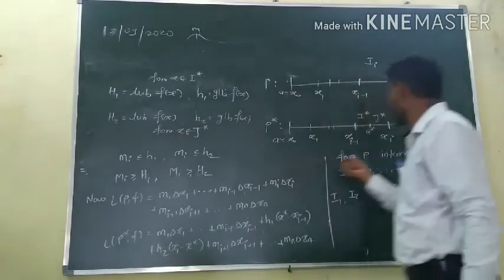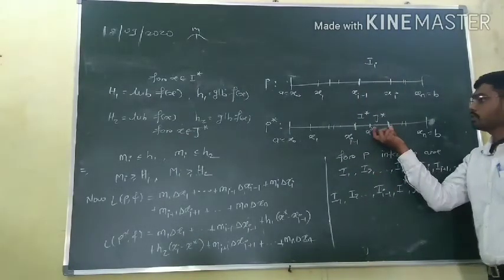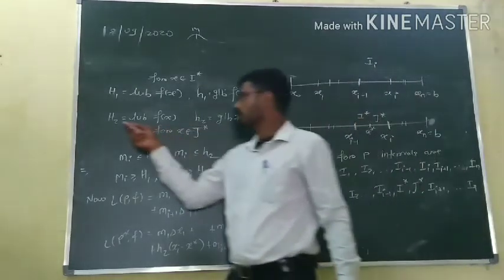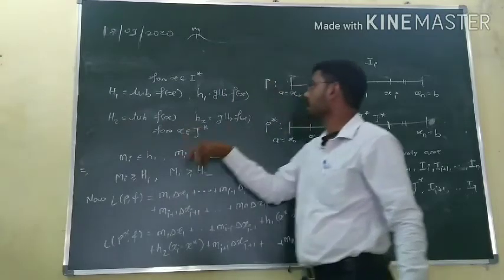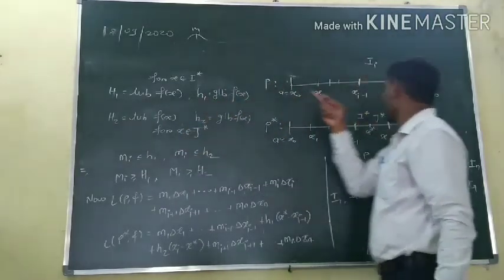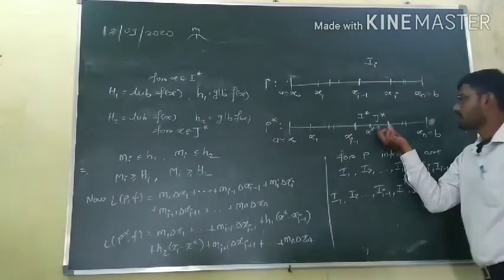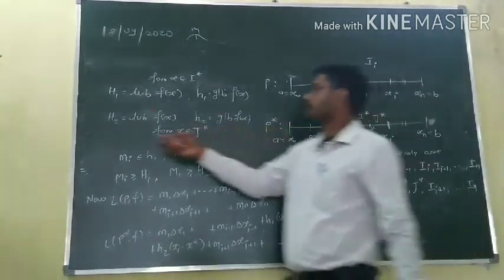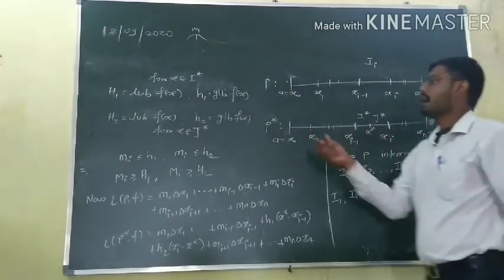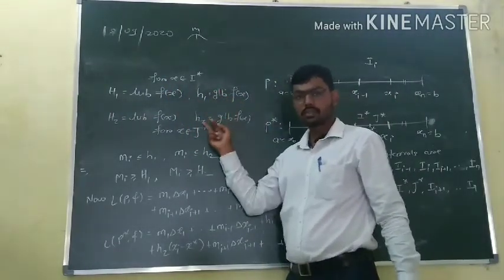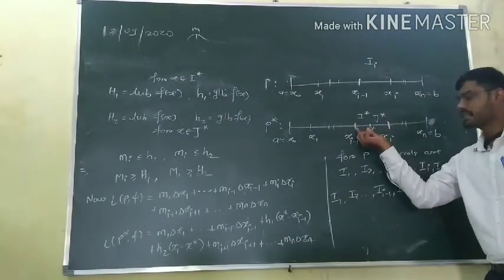Similarly, small h1 is the minimum value of the function in I star and small h2 is the minimum value of the function in J star. So capital H1, H2 are for the maximum value in I star and J star, and small h1, small h2 are notations for the minimum value of the function in I star and J star.